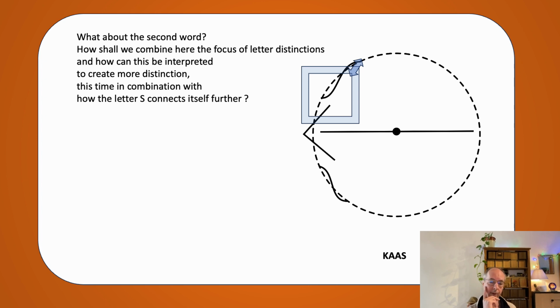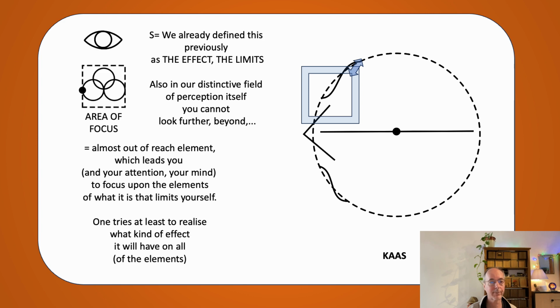Okay, the second word, KAAS, then. Here also we have the same focus of distinction. How shall we combine this with the pattern recognition? How do we see the pattern recognition if I put this method out of my book and see what is there as well?